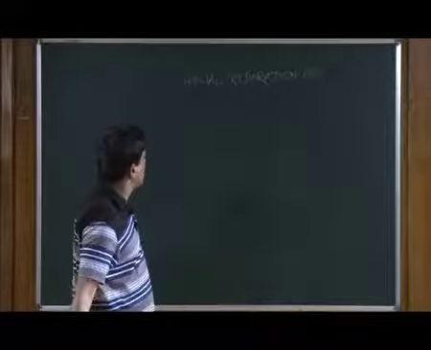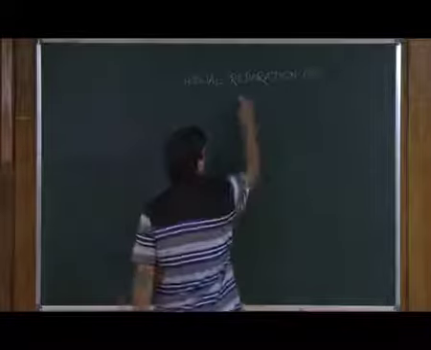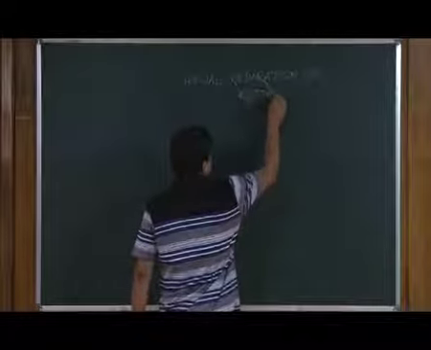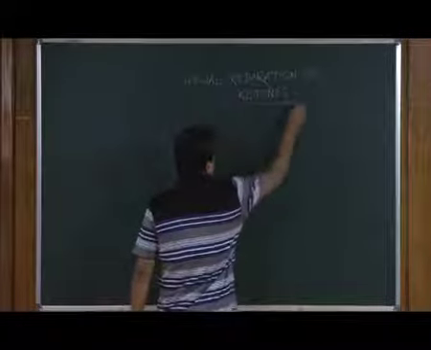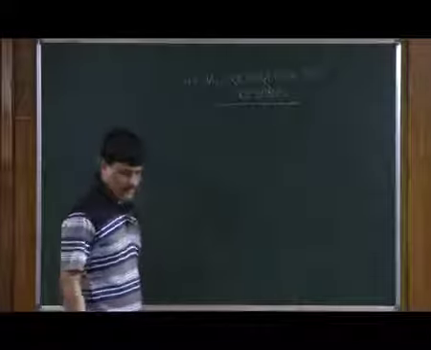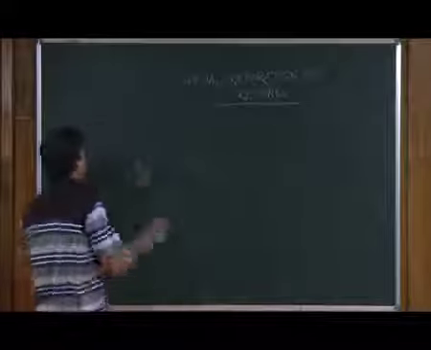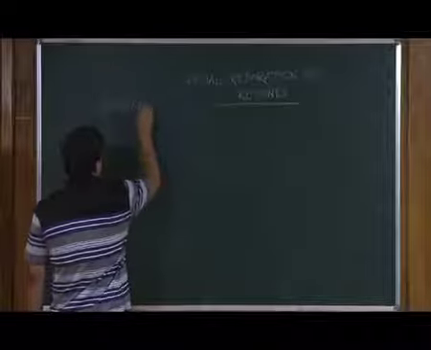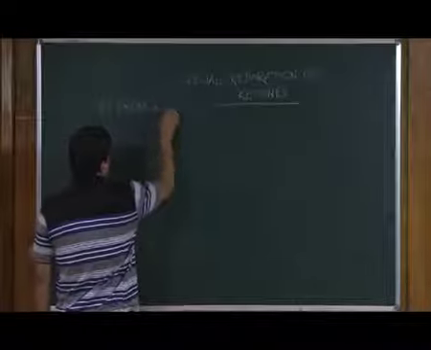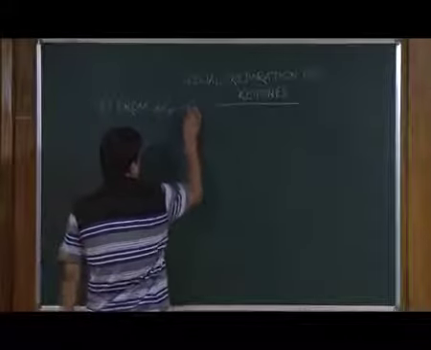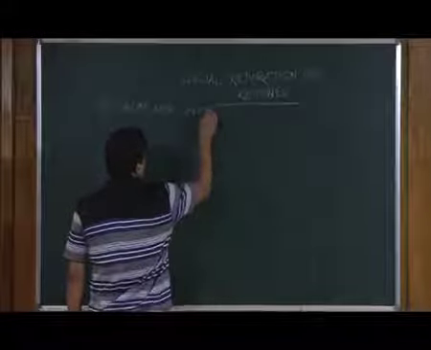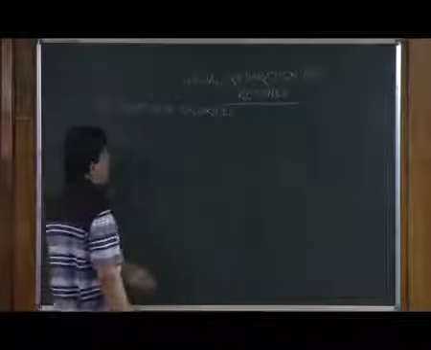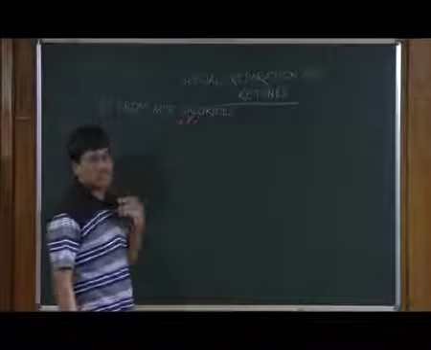So, we will discuss special preparation of ketones. First one from nitriles, or from acid chloride, sorry, first one from acid chloride. Earlier we have seen acid chloride can be used for the synthesis of aldehydes.